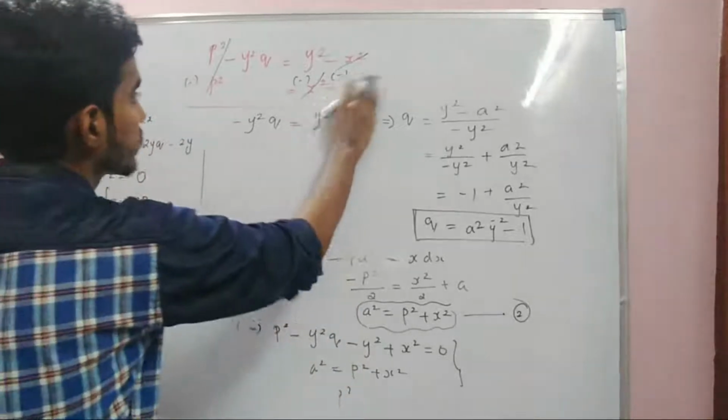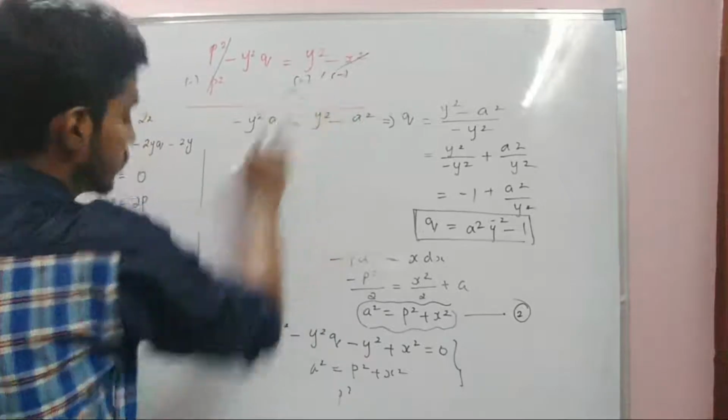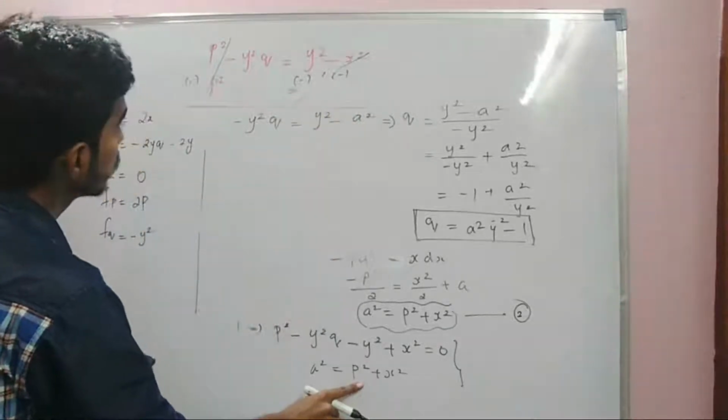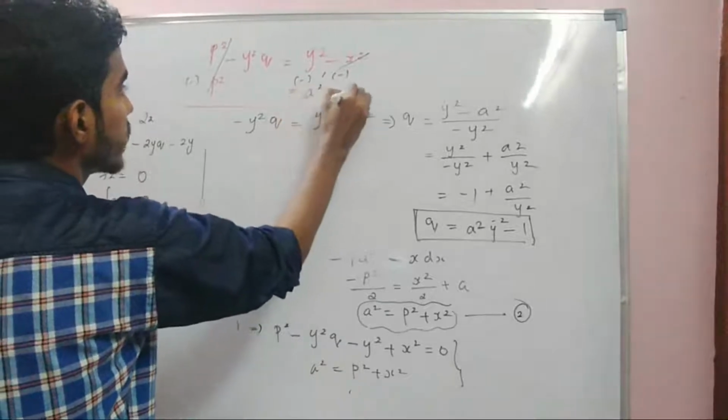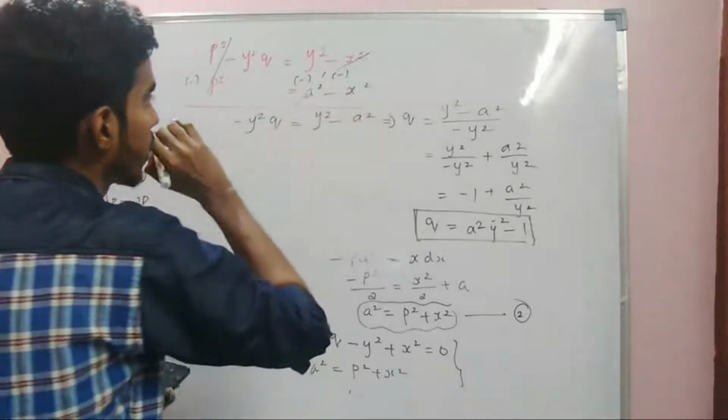Okay. A square minus x square, right? So p square is equal to a square minus x square.